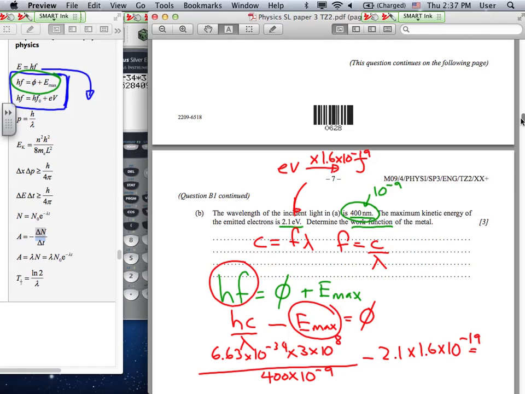And that will give us, in joules, our work function. And when we put that all in, we will get 1.6 times 10 to the negative 19 joules, and that is 1.0 eV.